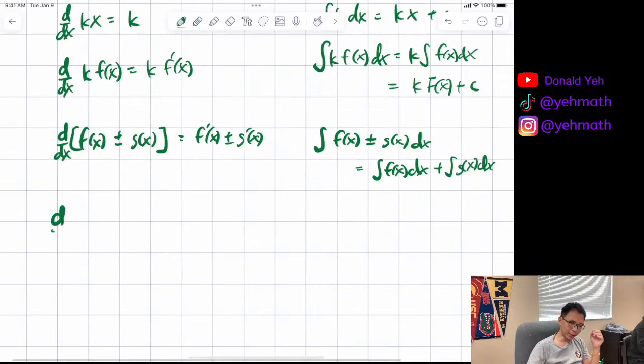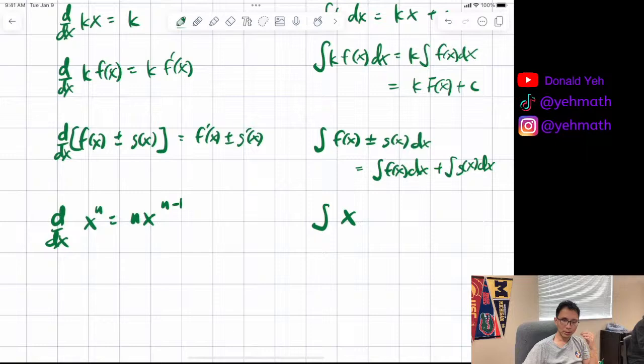Do you guys know how to take a derivative of this? What's the derivative of x to the n? n times x to the power of n minus 1. Now, can you predict the rule of integration of x to the n?